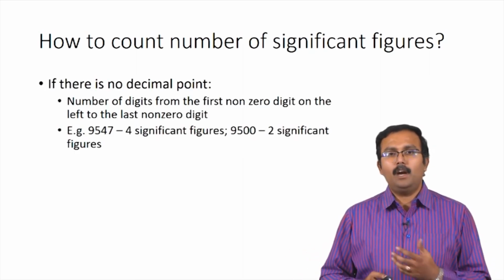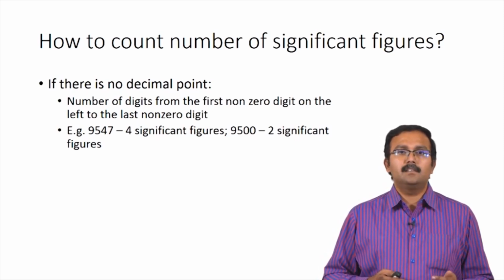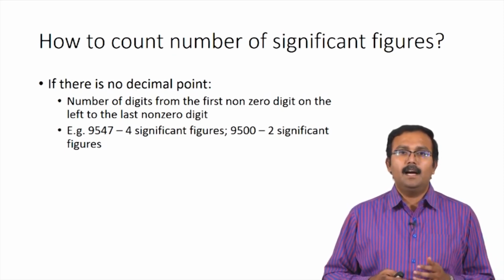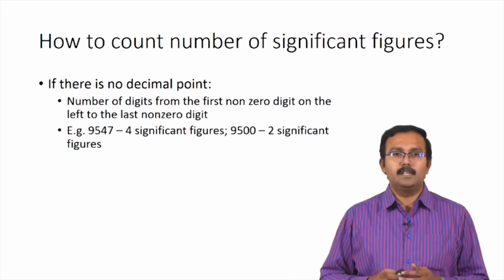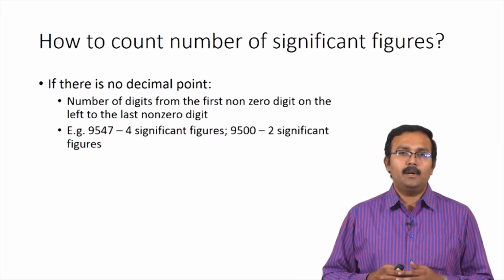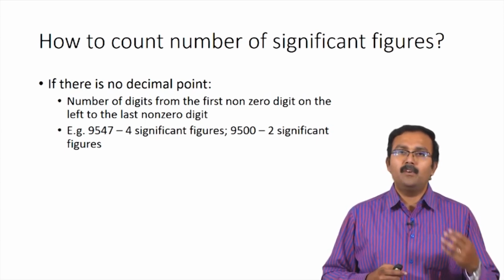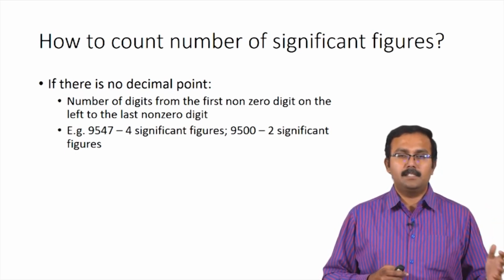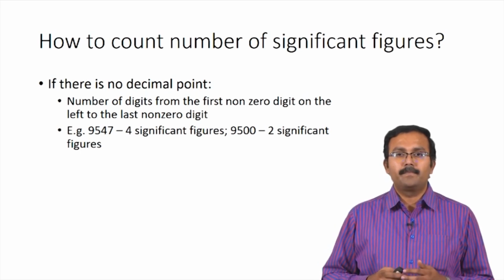If the number does not have any decimal points, then you start with the first non-zero digit on the left and start counting the number of digits till the last non-zero digit. So, if I were to have the example of 9547, this number would have 4 significant figures, where the first non-zero digit on the left is 9 and the last non-zero digit is 7.